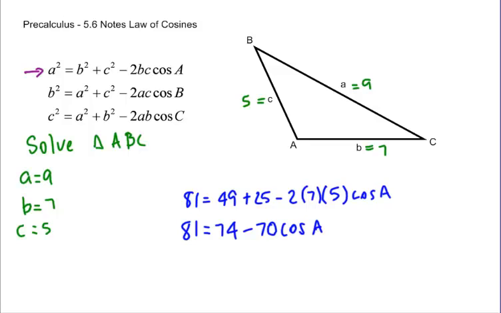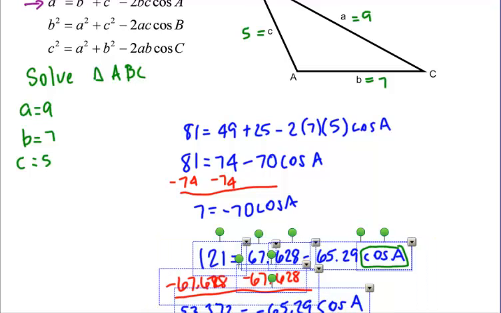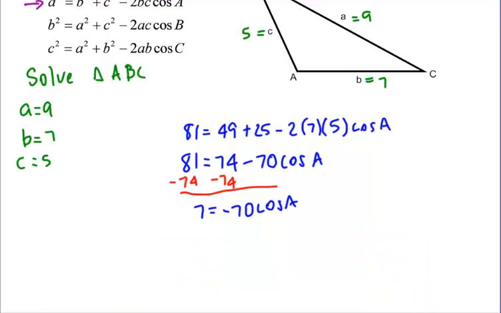Move the 74 over, and then divide by 70. So you've got 7 equals negative 70 cosine A. And divide both sides by the negative 70.